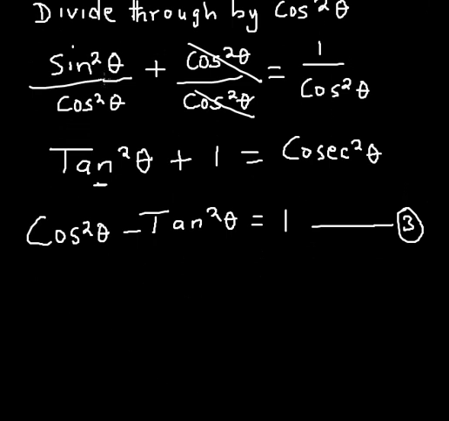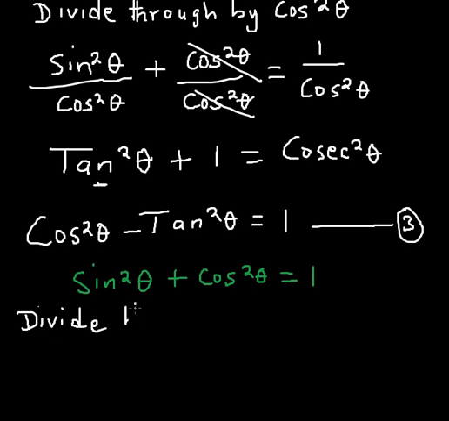I will still derive that identity number 4 from my first identity, which of course is sine square theta plus cos square theta equal to 1. So this time around now, I'm going to divide through by sine square theta.